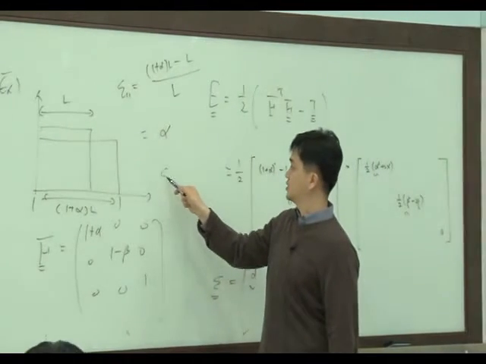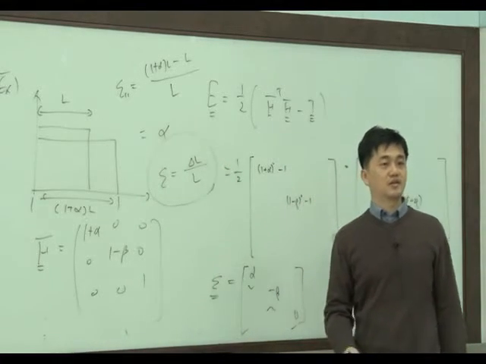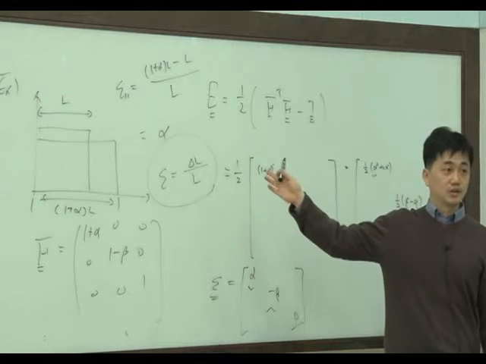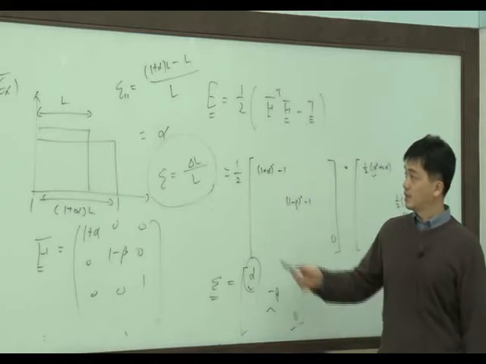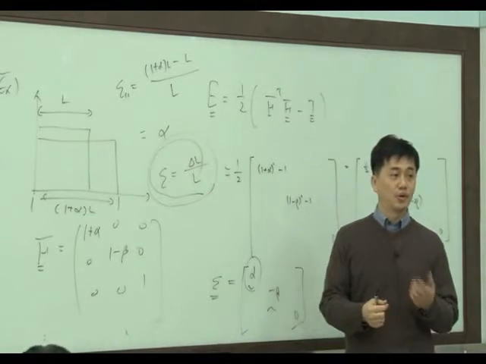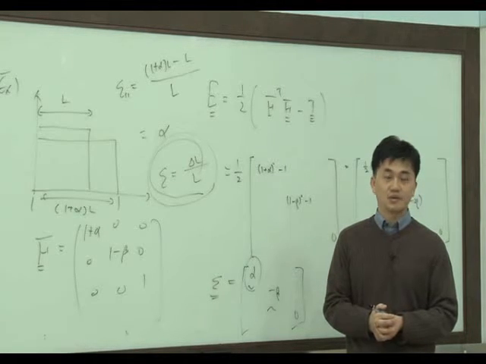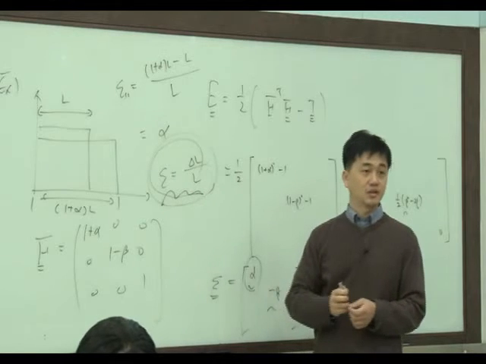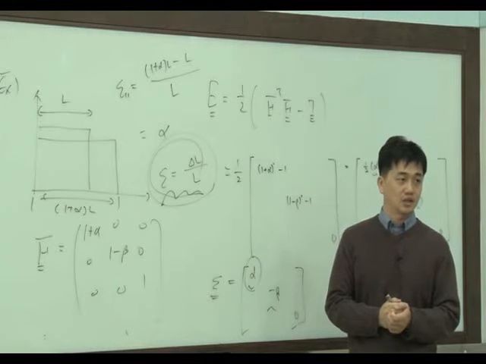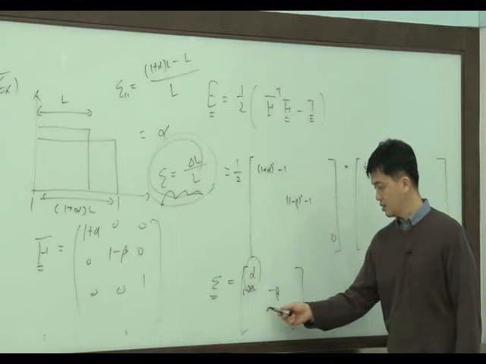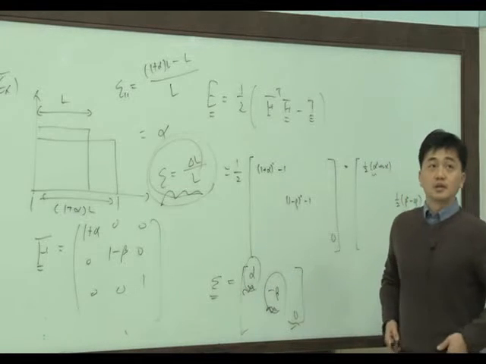The definition of normal strain was delta L over L. In undergraduate school, you learn like this, right? And it gives us alpha, the same thing. But this is not true for finite deformation theory. This definition is only okay for small deformation theory. Okay? So similarly you can calculate minus beta, right?